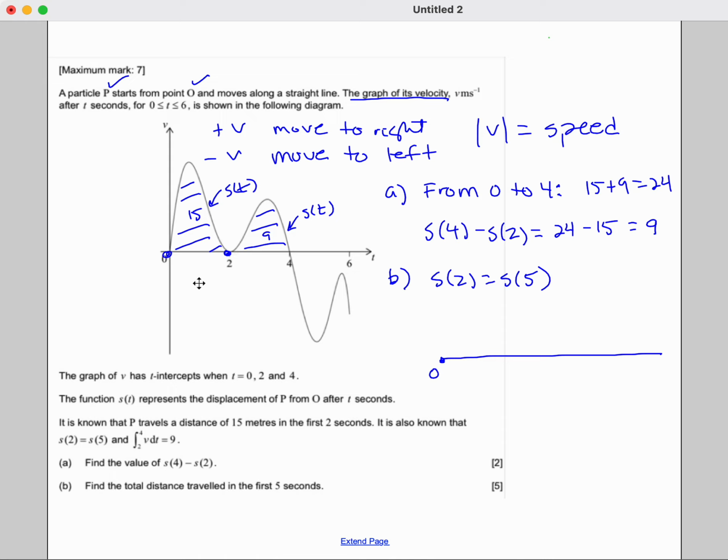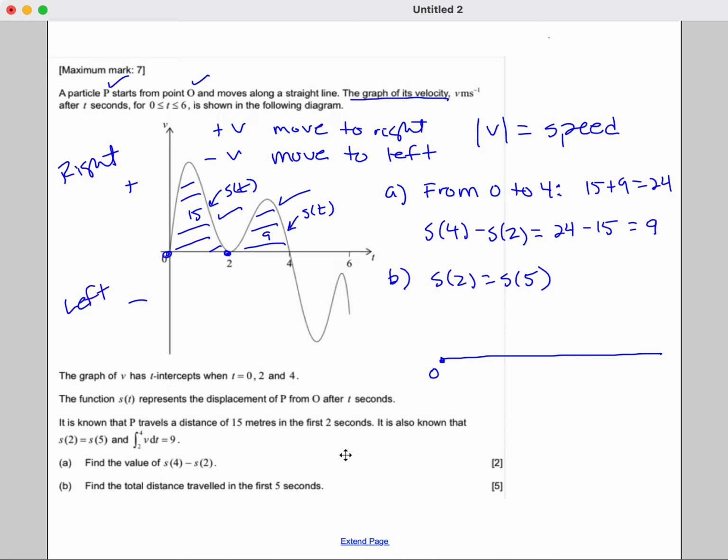It also gives us the direction the particle is going. Remember, if velocity is positive, it's moving in the positive direction. So for both this guy and this guy, it's moving in the positive direction. And anything below the x-axis, it's moving in the negative direction, so that would be to the left. So anything up here, the particle is moving right, and anything down here, the particle is moving left.